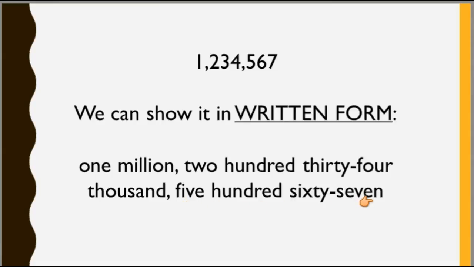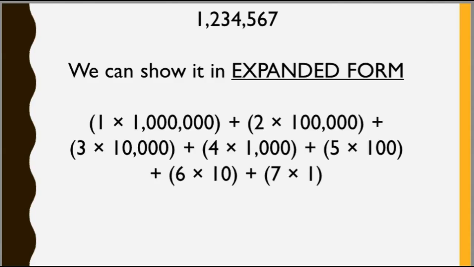And if you notice, you use this little hyphen in between, like 34, 45, 67, anything like that. That's how you write it correctly. So that's going to take some practice this year, but you guys will get it.